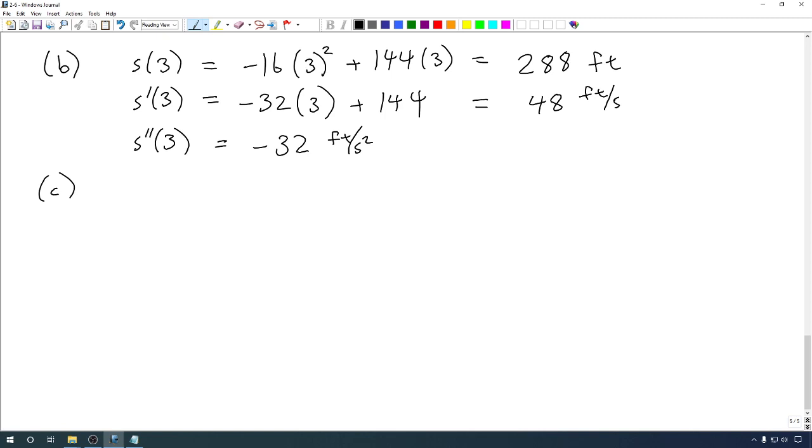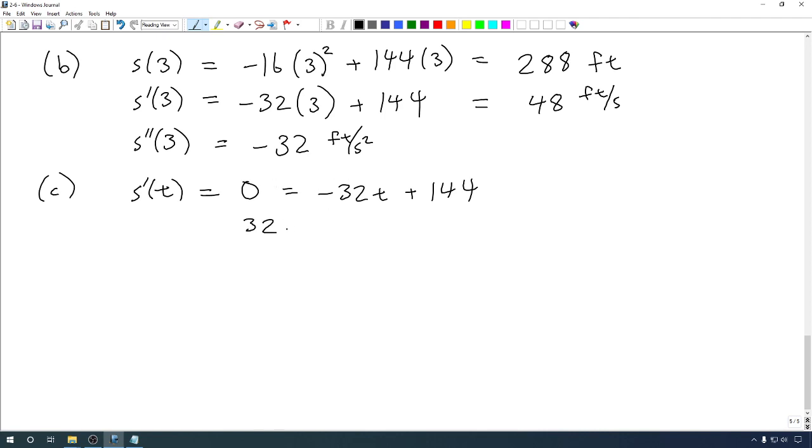So when it actually hits its peak, the velocity has to hit 0. It's slowing down as it gets up to the top, and then it becomes negative. So we're really asking, when is s prime, because we're looking at the velocity, when does the velocity hit 0? Of course, for the velocity, we have the formula of negative 32t plus 144. And so we're solving for the t that makes this equal to 0.